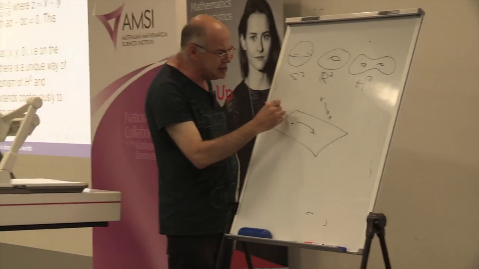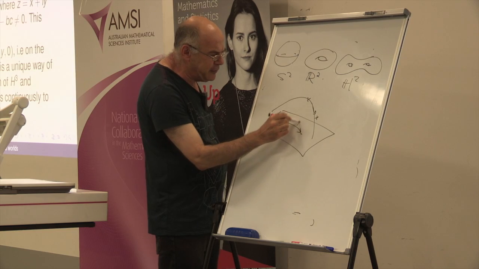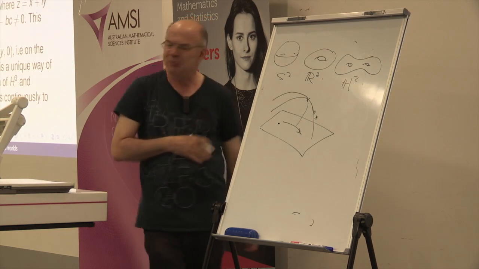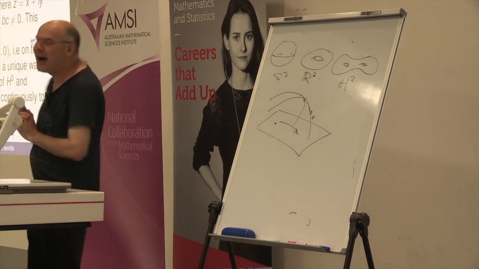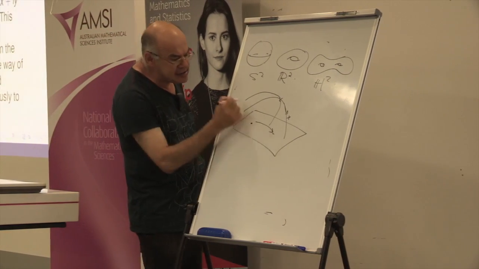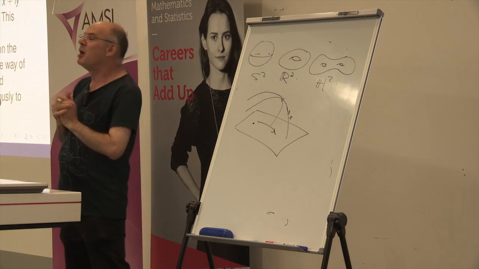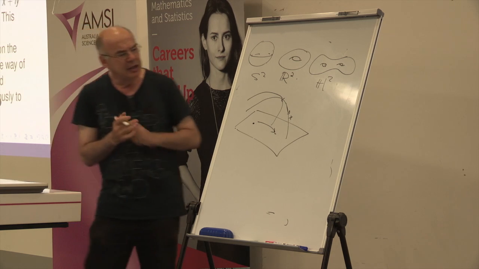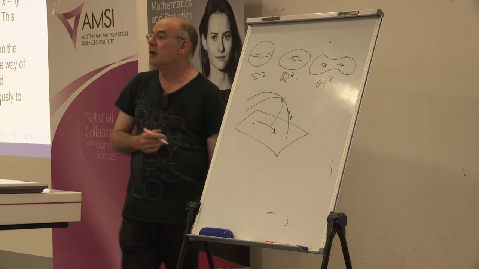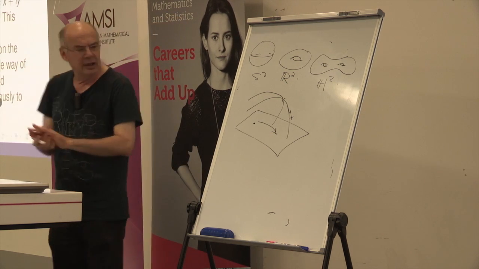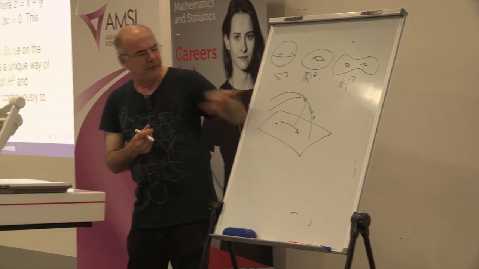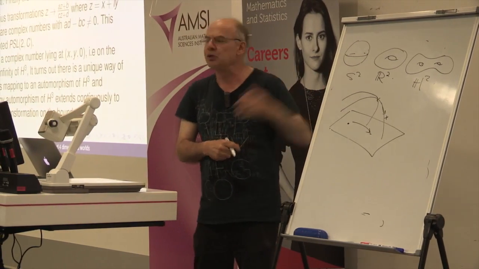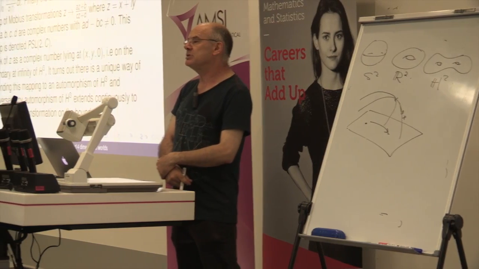All you need to do is take a bunch of straight lines through this point. Then you transform the endpoints. They move by this Möbius transformation. So you know where this point goes. So there's a unique extension of this Möbius transformation to upper half space.